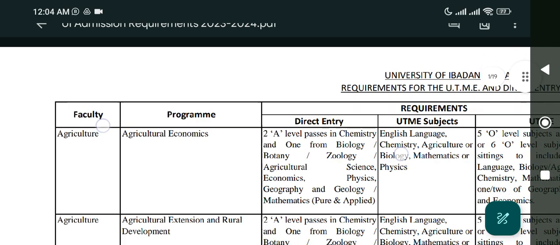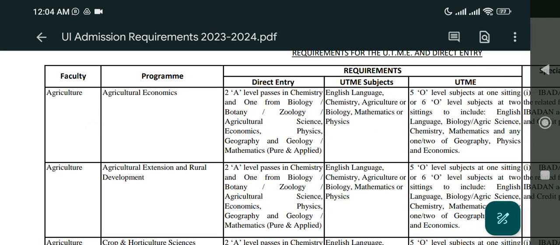Okay, so when you see this document, I used to have issues explaining this document as well. I used to have issues with it because of the interpretation, how candidates interpret the requirements.